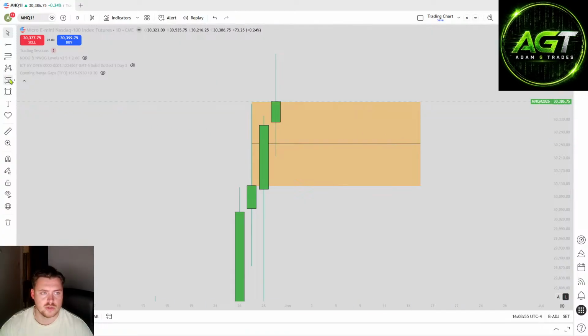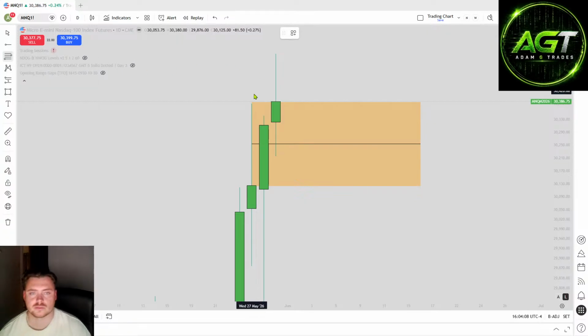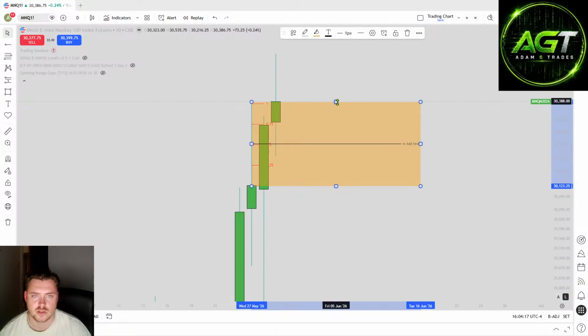And what I will do, there's a tool called a Fibonacci, which is based on numbers. Don't need to go too much into it, but we just use it here. So it says Fib retracement. Click on it. Go from the high down to the low. Just need to get this box directly on.